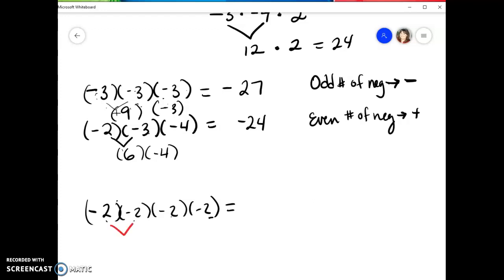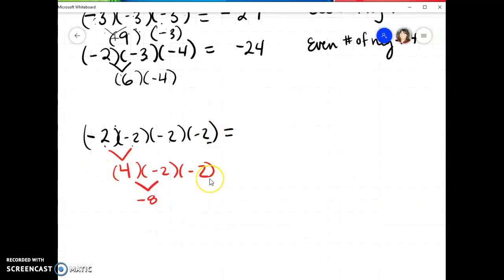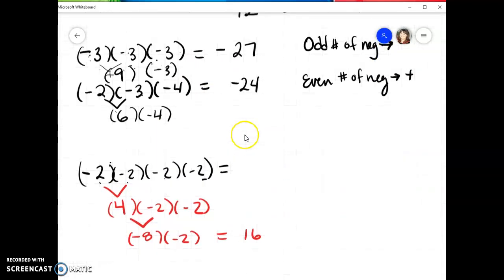When I multiply these two together, I get positive 4, right? Now I still have to multiply that by what remains here. So doing the next step, I get 8, but it's negative 8 because unlike signs. I still have to multiply that negative 8 by a negative 2. Like signs, I get positive 16. So it does follow the chart I gave you here.